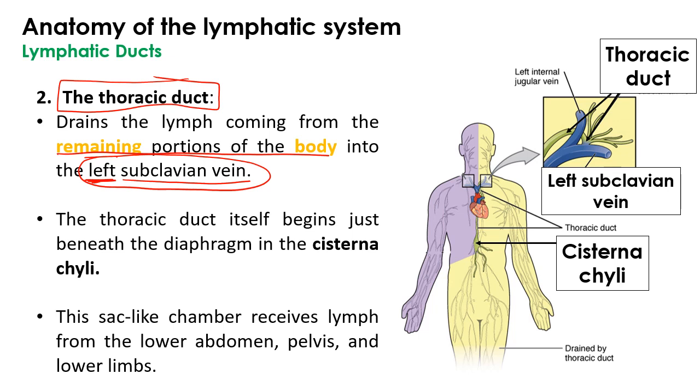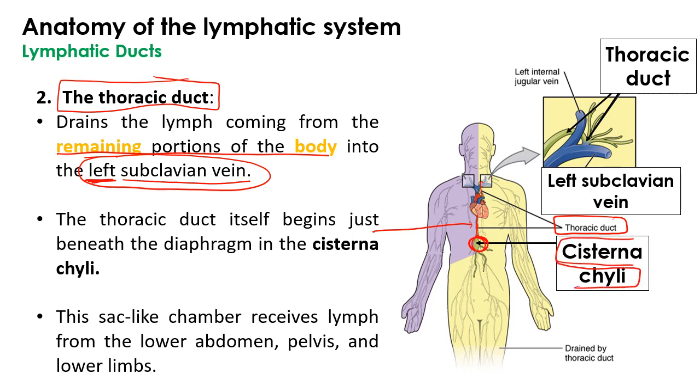Now, the thoracic duct has a portion that is large. If you look at this picture, this in green represents the lymphatic duct. This portion of the duct that is larger receives a name called the cisterna chyli.